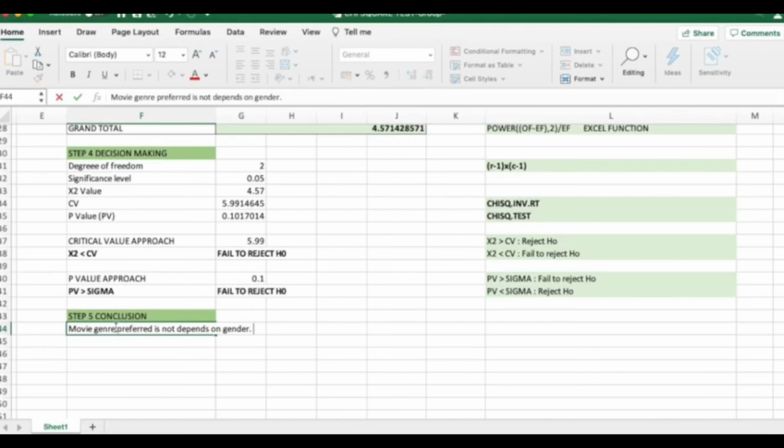We can also conclude that there is no sufficient evidence to suggest that there is a relationship between gender and movie genre.